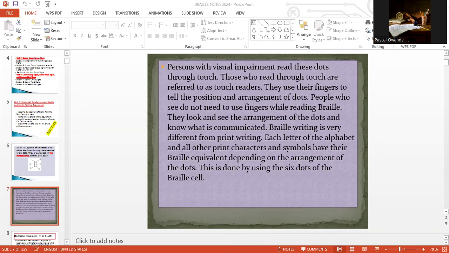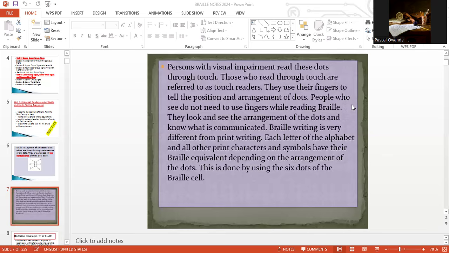And those who read through touch, we refer to them as touch readers. They use their fingers to tell the position and arrangement of dots, and people who see do not need to use fingers while reading Braille. So they look and see the arrangements of the dots and know what is communicated.